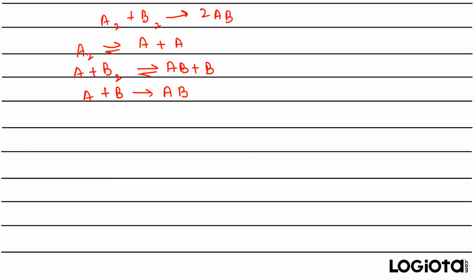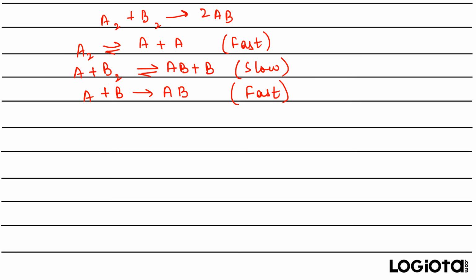So out of these three reactions, the first is a fast step, the second one is the slow step, and the third one is a fast step, right? Now let's try to solve this question.